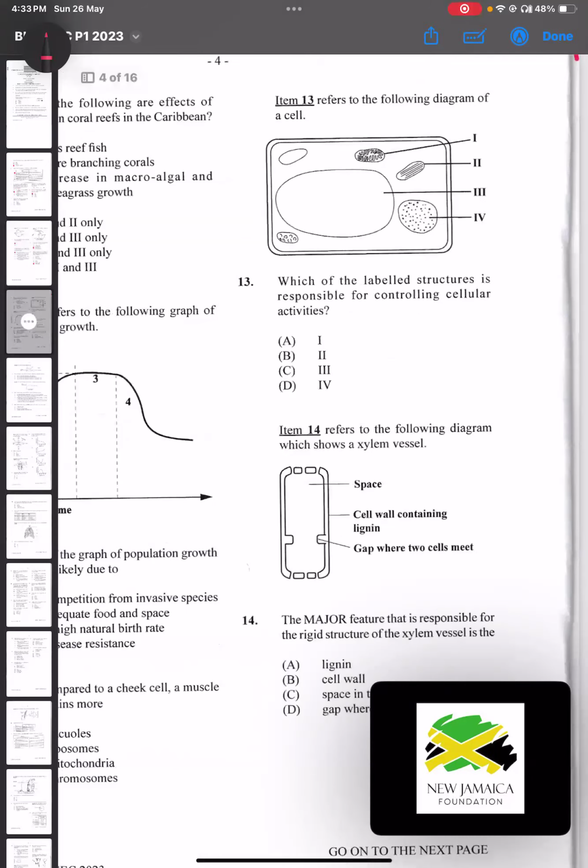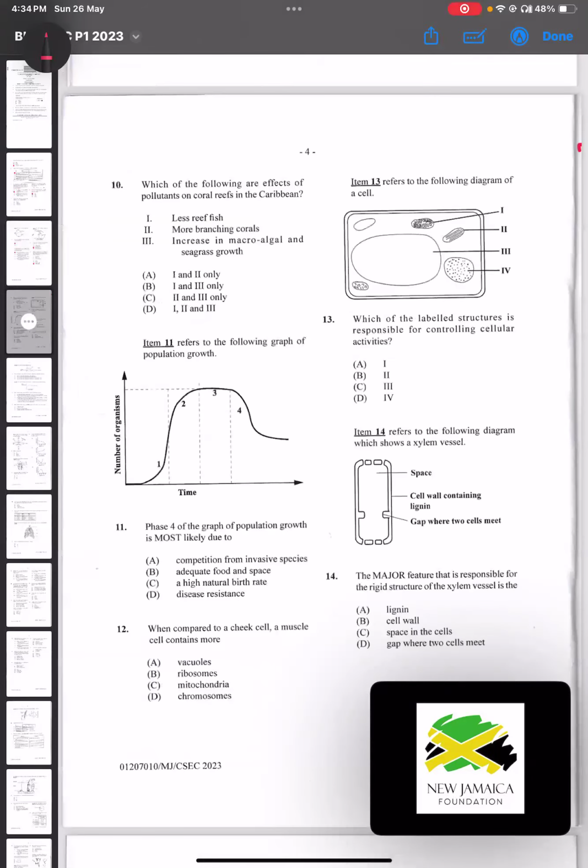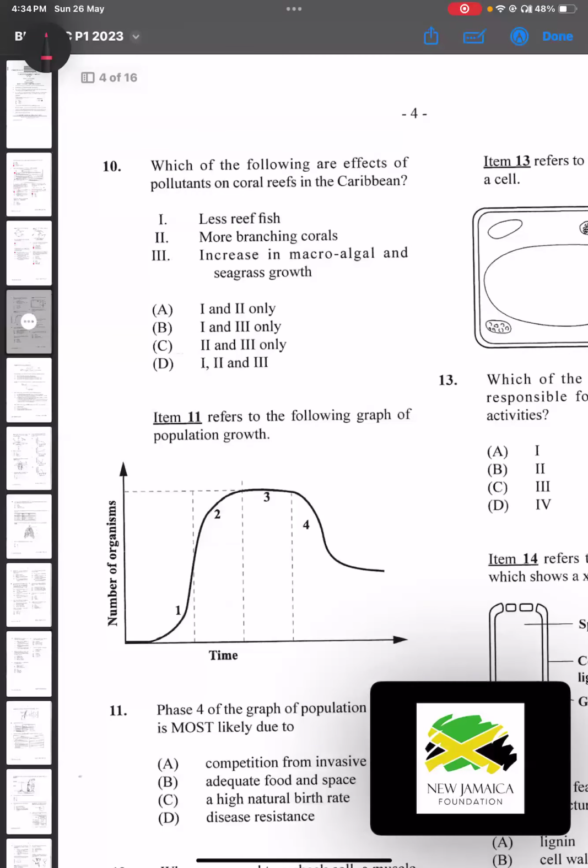And number 10, which of the following are effects of pollutants on coral reefs in the Caribbean? When you look at your options, number 2 would not make any sense, because if you're getting more corals, that would not be, well, what do we say? We can either go 1, 2, and 3, or we can only go 1 and 3. Do you think pollution contributes to a specific type of coral?